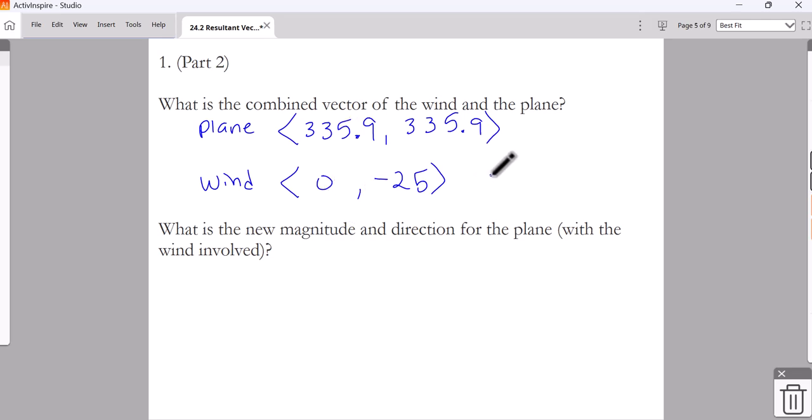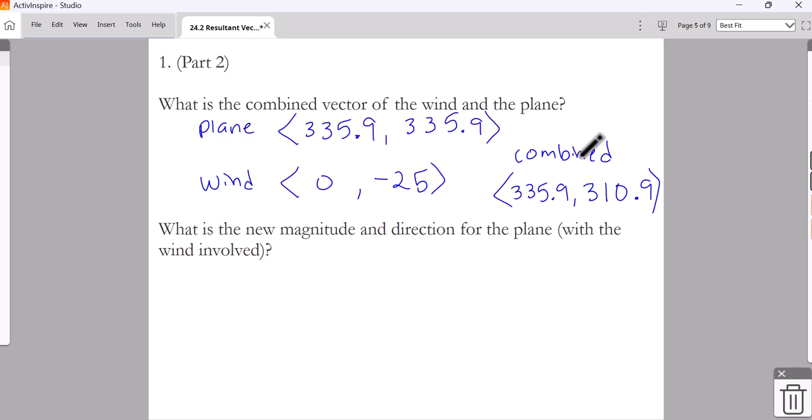So our new vector is 335.9, and then 335.9 minus 25 gives us 310.9, and this is our combined vector.